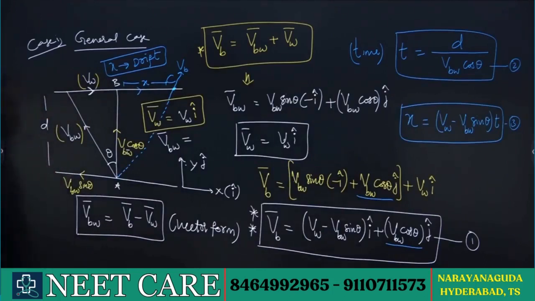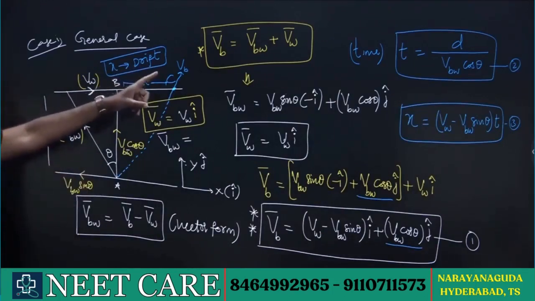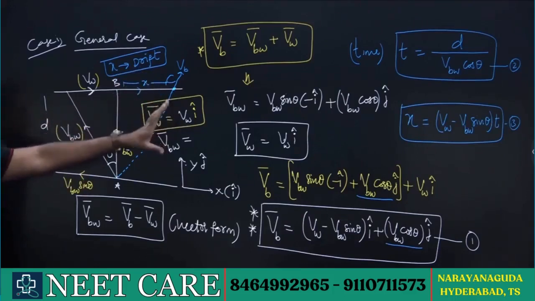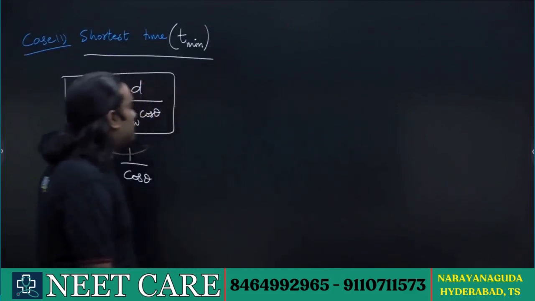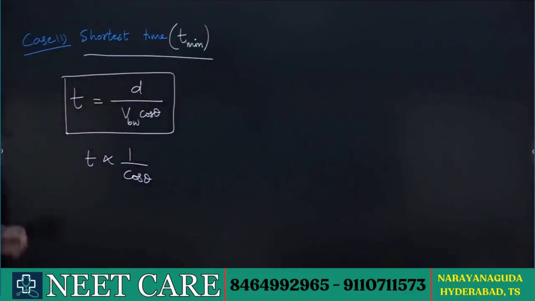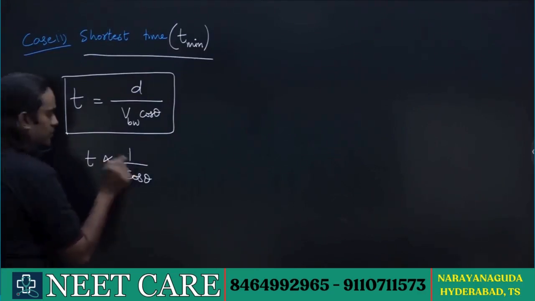In that general case, theta is not at all specified. By taking a general value, you got time like that and x like that, second and third. But in the present situation, case 2, we need to focus on only the shortest time, the shortest time taken by the boat to cross the river.